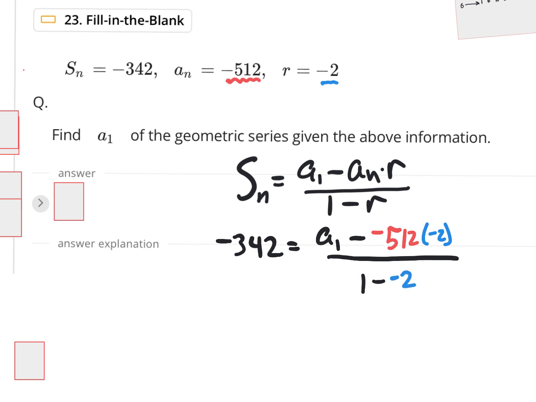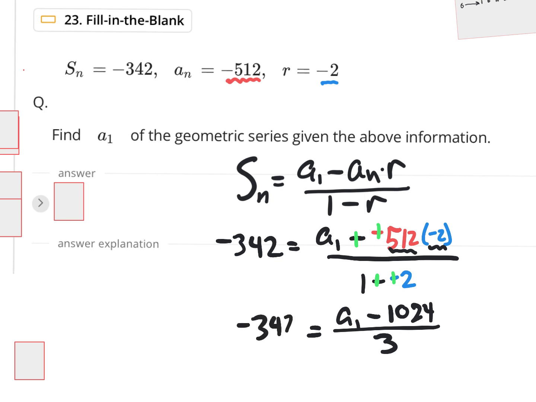So let's work this out. The minus minus changes to plus, plus changes to plus. And let's actually multiply the 512 times negative 2, that's going to be negative 1,024. So what we have is a sub 1 minus 1,024 divided by 3, and that still equals negative 342.